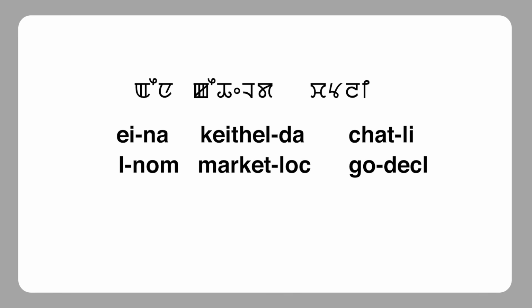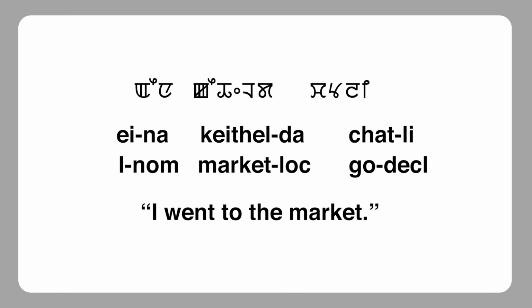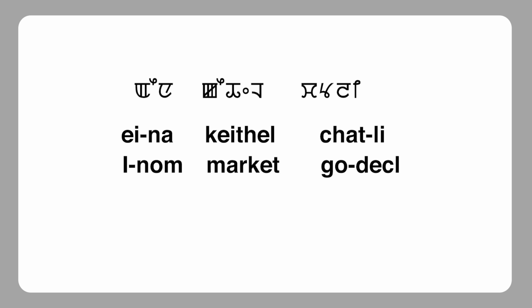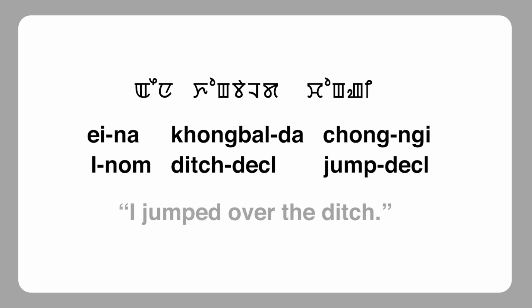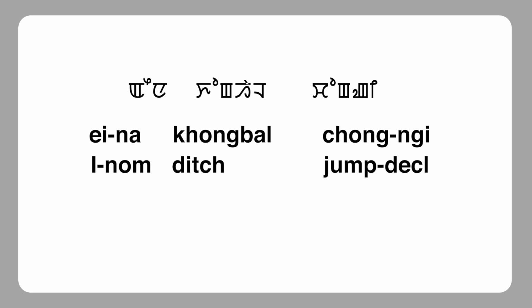Aina kaithelda chatli. I went to the market. Aina kaithel chatli. I went the market. Aina khongbalda chongi. I jump over the dish. Aina khongbal chongi. I jump the dish.